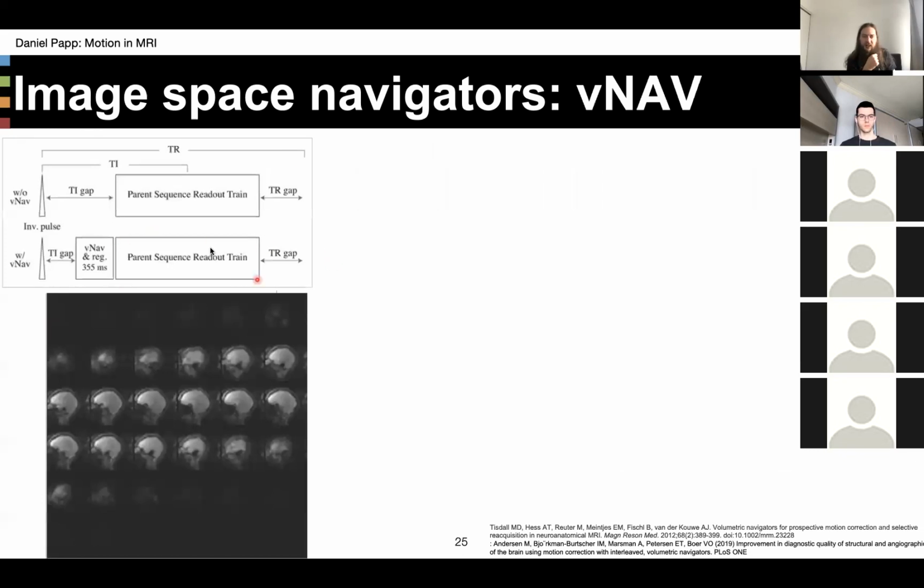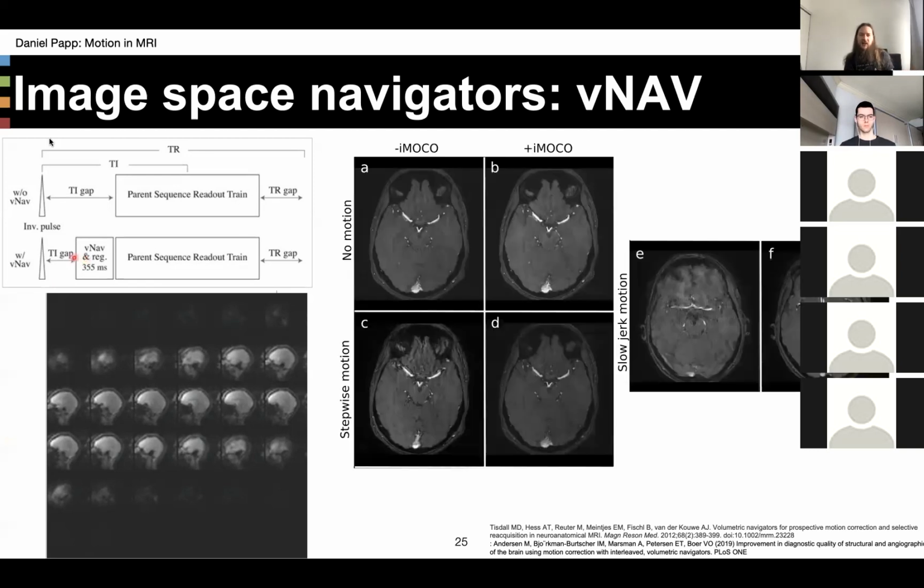So this is a 3D EPI that's always played out. 350 milliseconds is more than enough for a low-res, highly accelerated 3D EPI to be acquired. Then using that data, this is on a time-of-flight image, you can turn this, again, useless, undelineable, well, basically crap, into a fairly sharp image.